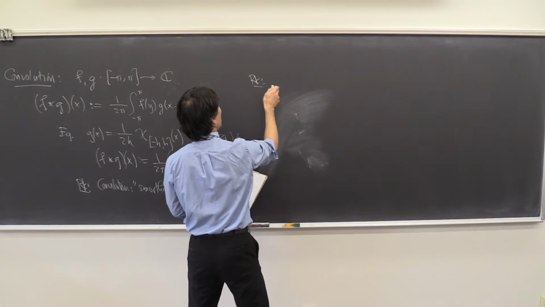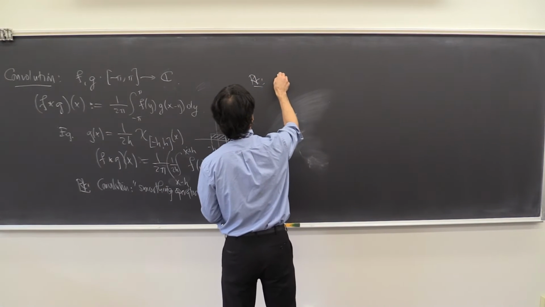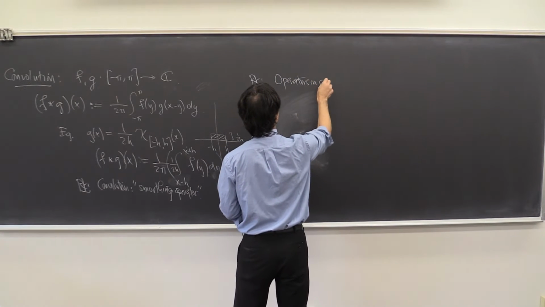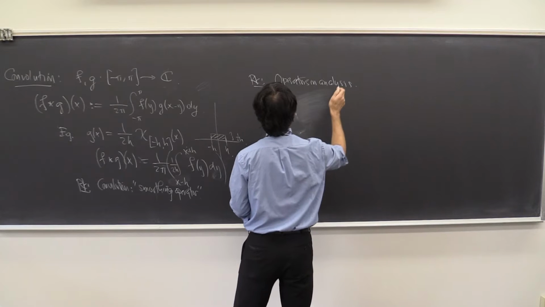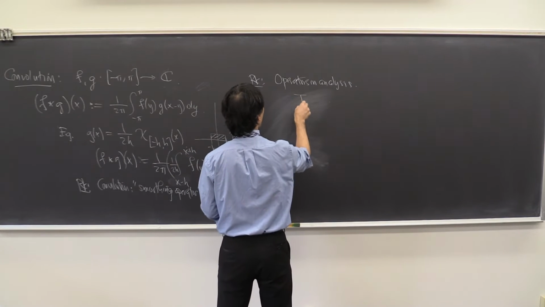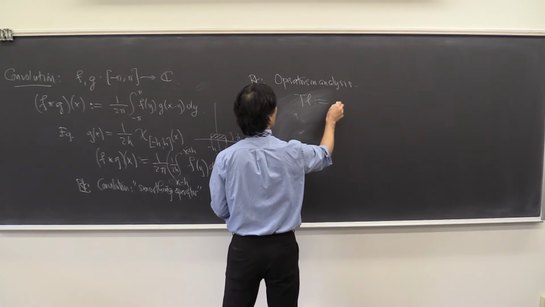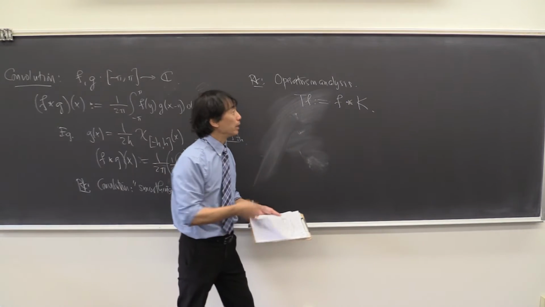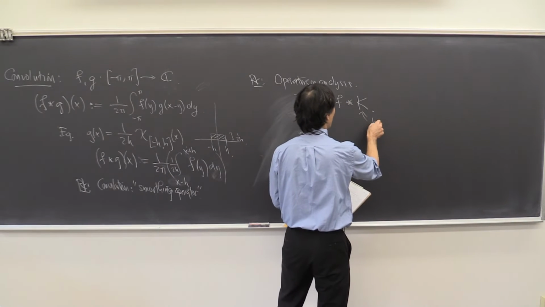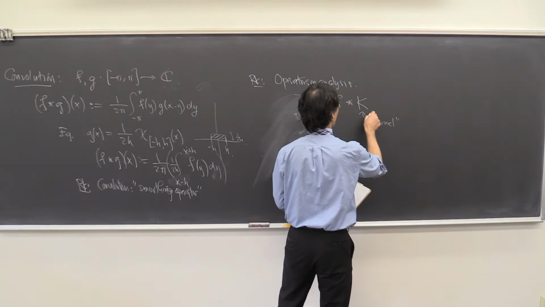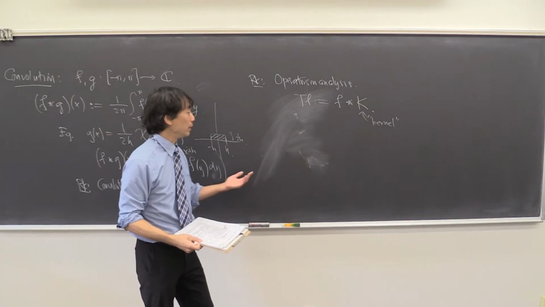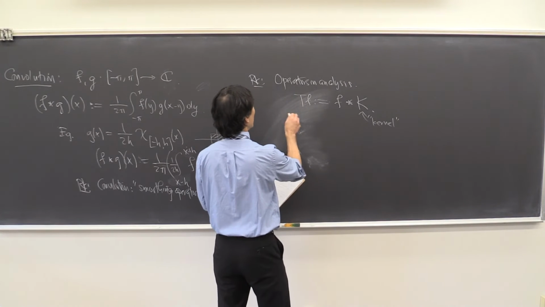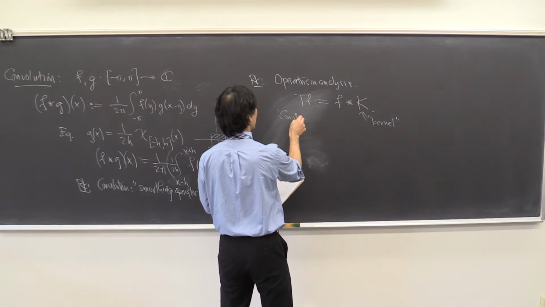Another remark: many operators in analysis are defined by taking some function and then convolving it against some other function. The thing that you're convolving against is called a kernel, the thing that you're using to smooth your function. So these guys are called convolution operators.